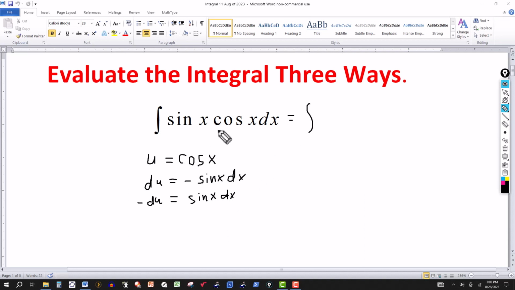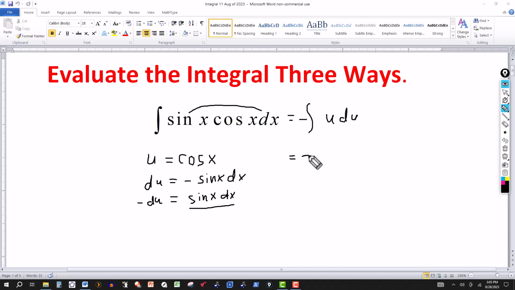So here we go then. For the cosine of x, I got u. And for the product, sine of x dx, that's right here. That's minus du. I'll put the minus in front here, minus du. That's pretty much the same thing as the previous one here.